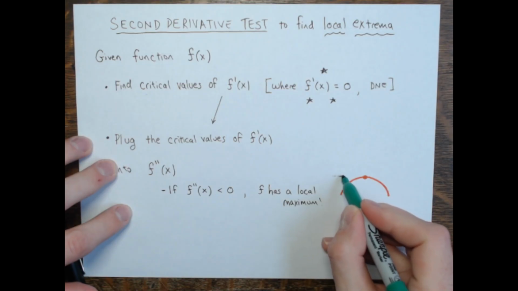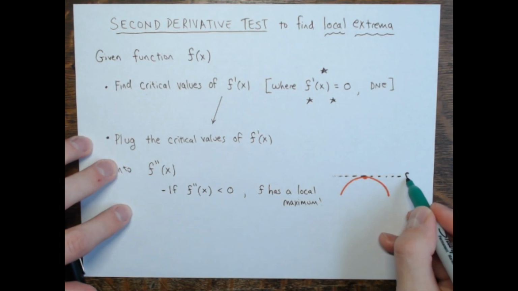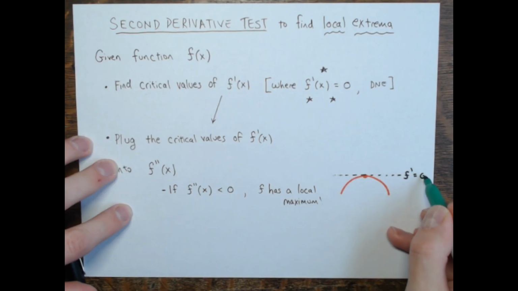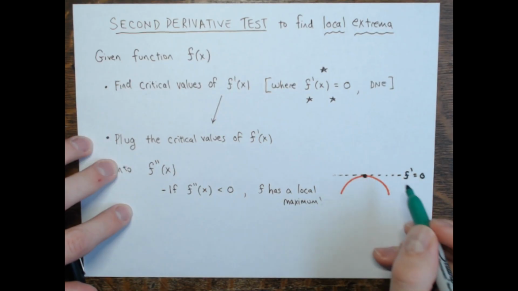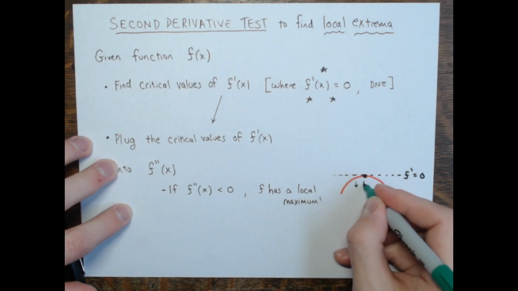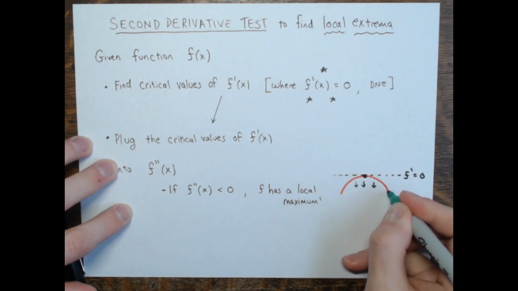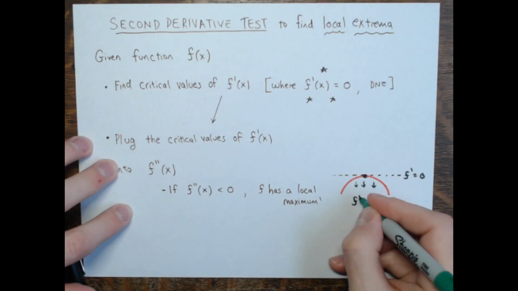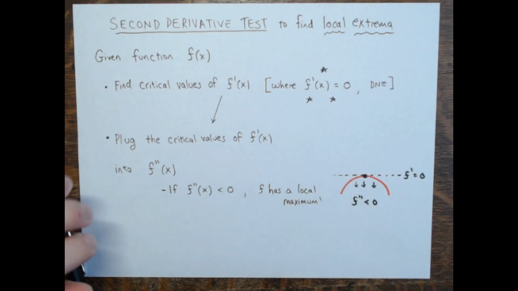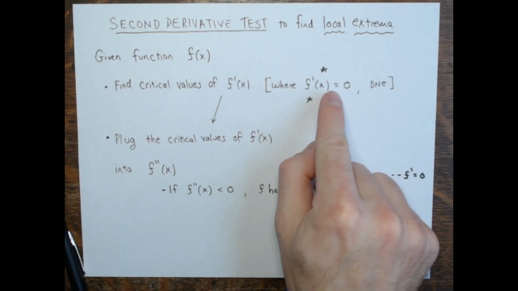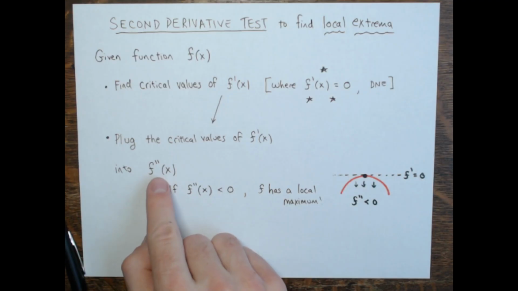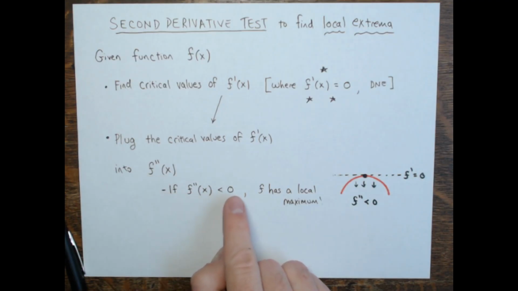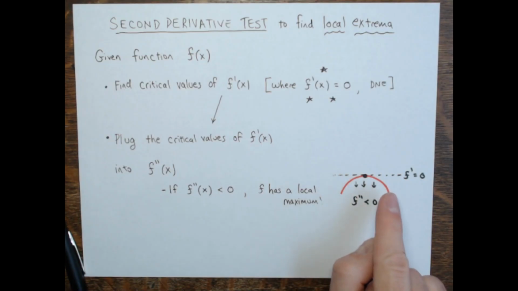See how the first derivative would be 0. So again, f prime would be 0 at this point, but it's curling downward, right? You're on a piece of curve that's curling downward when you're at the top of a hill like this. So the value of the second derivative would be negative. So if you find where the first derivative is 0, plug it into the second derivative. If that's negative, that means you have a local maximum.